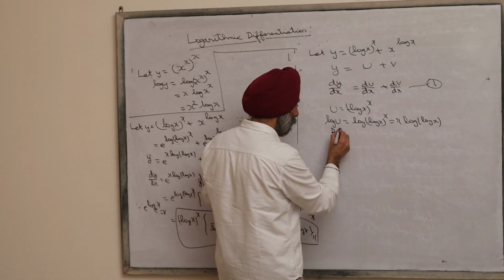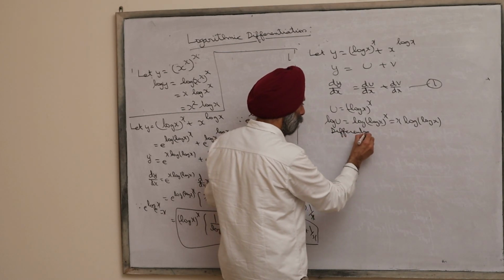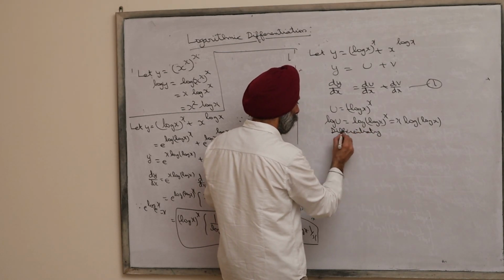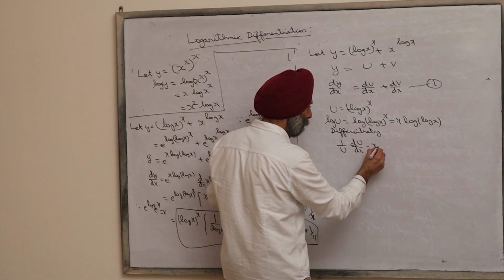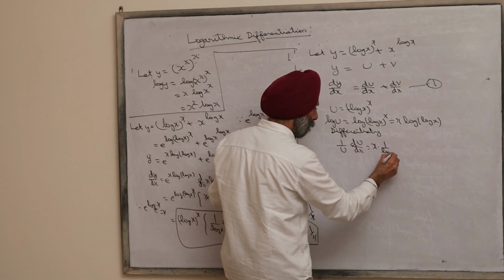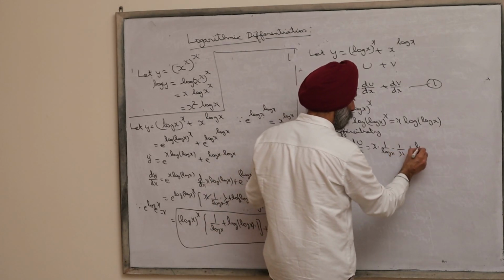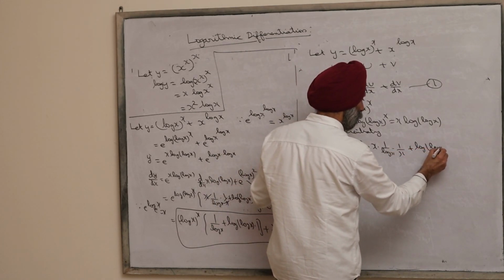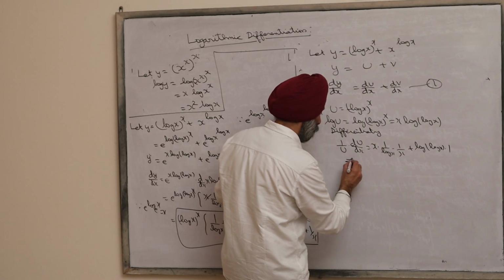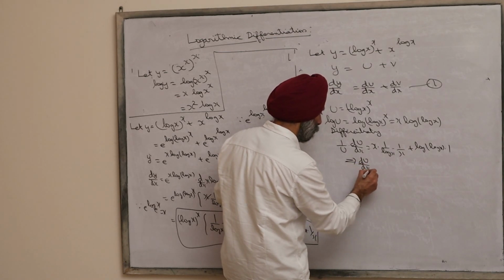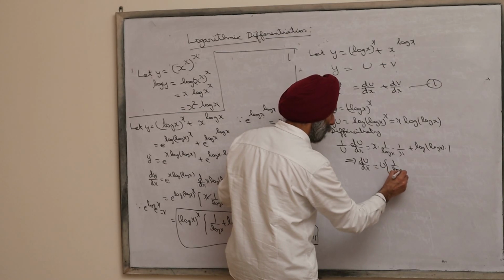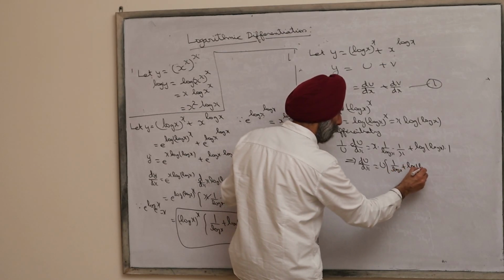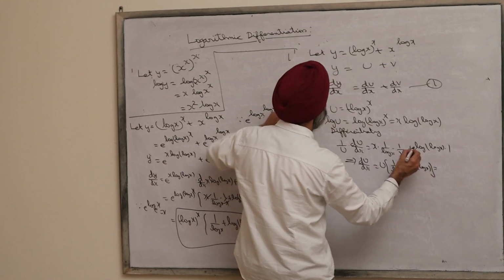So differentiating on both the sides, we have 1 over u into du over dx is equal to first function into the differential of second plus second function into the differential of first. So this implies du over dx comes out to be u into 1 over log x plus log of log x, which is your, what is u?